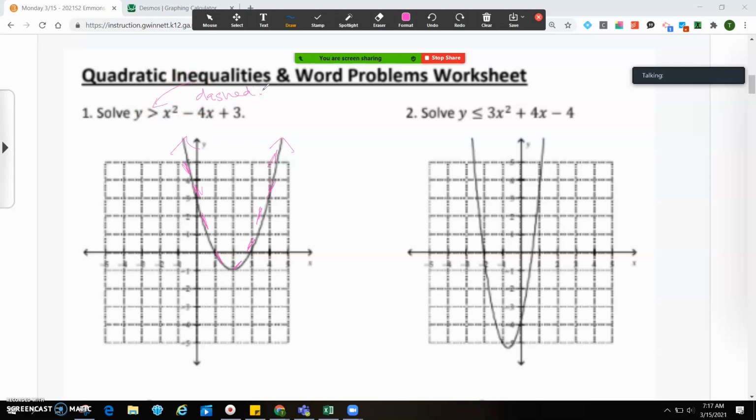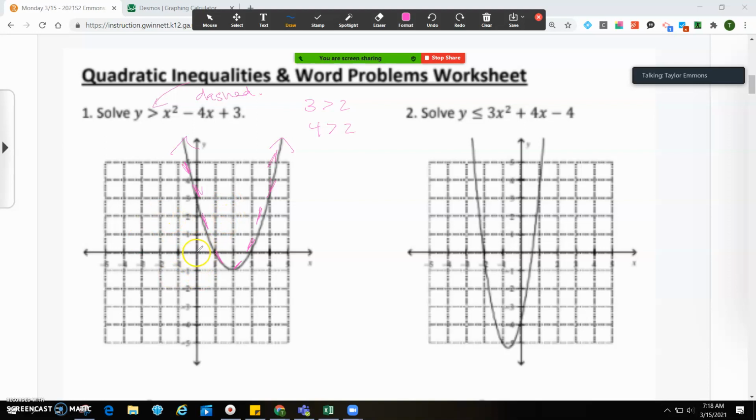Okay. And then you want to shade, because this could have multiple answers, right? Like 3 is bigger than 2. 4 is also bigger than 2. So there's multiple. So let's take a point either on the inside of this or the outside.